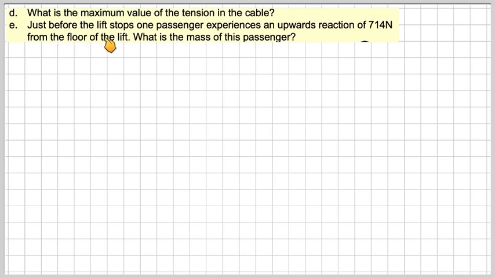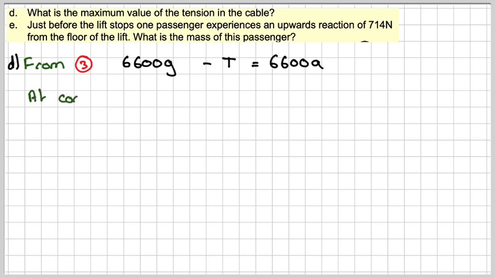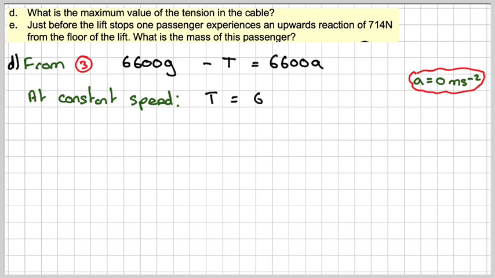Okay, it says then, what's the maximum value of the tension in the cable? Let's just do that first. So D, from equation number 3 again. When we have a constant velocity, a = 0. Therefore, T will just be equal to 6,600g, which is 64,680 newtons.